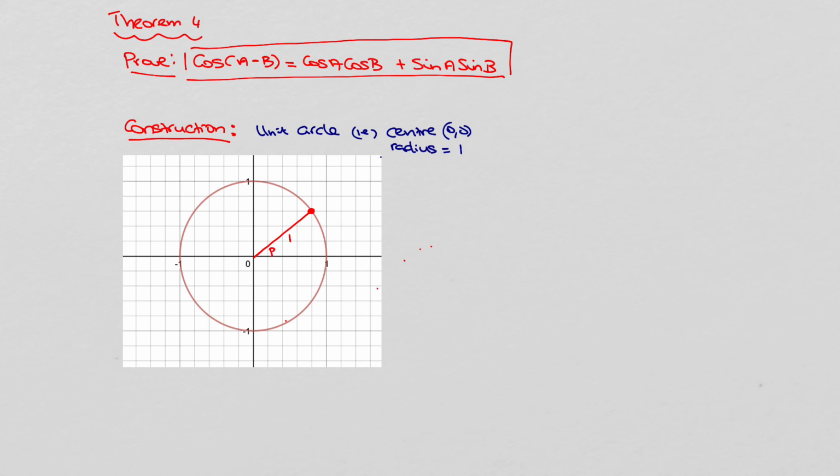So I'm going to call that angle that has been traced out b, which would make that coordinate cos b, sine b. Now if the radius wasn't 1, it would be r cos b, r sine b, whatever the radius is.